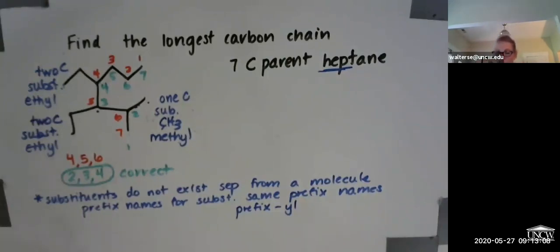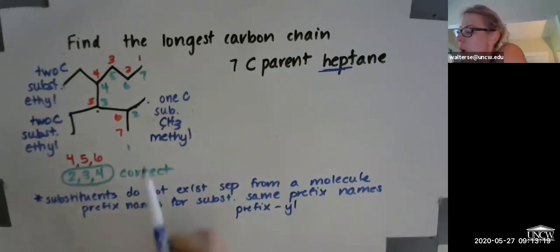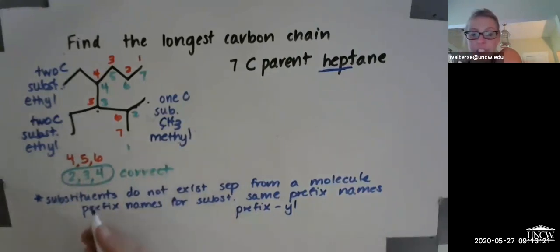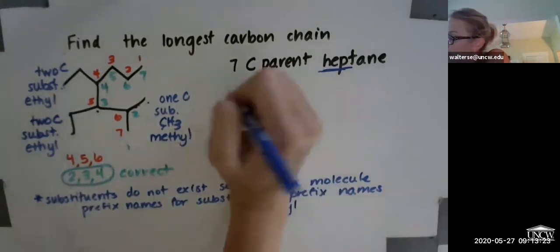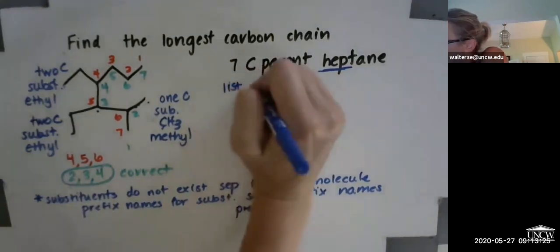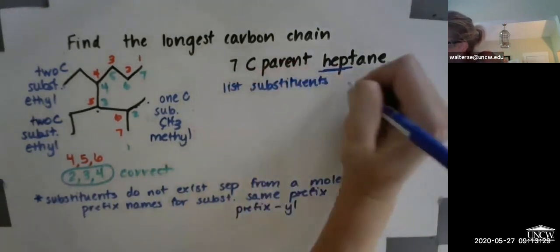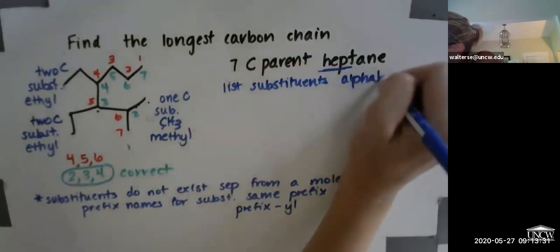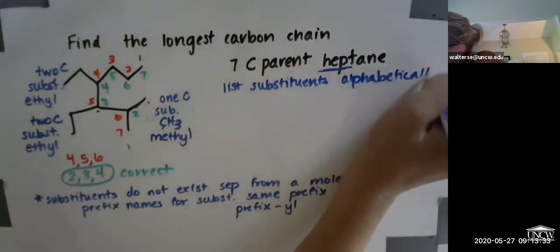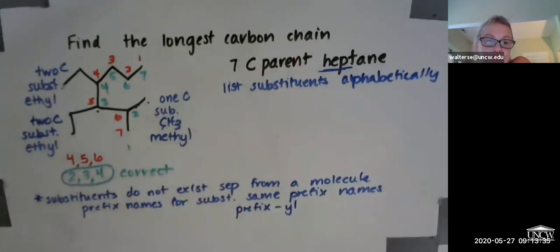Now we have to name it as one continual chain. When you list your substituents in the name, you list them alphabetically, not by number.